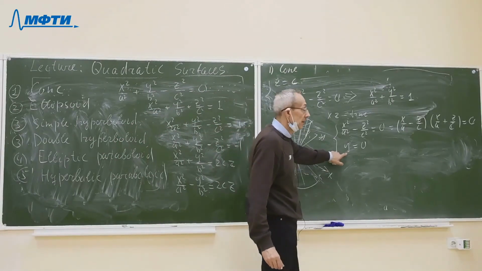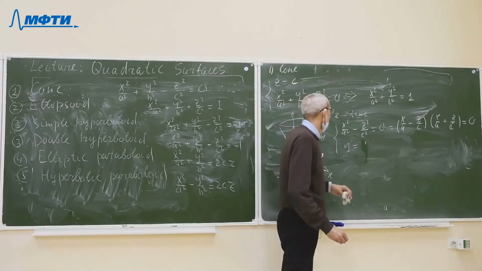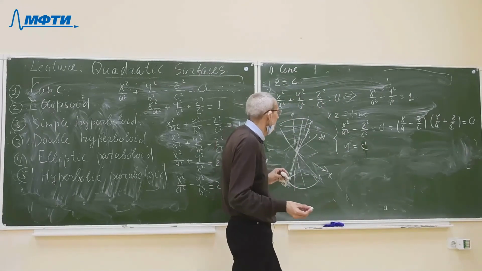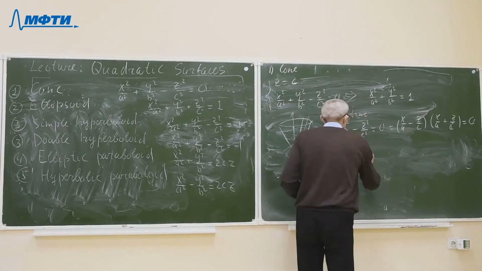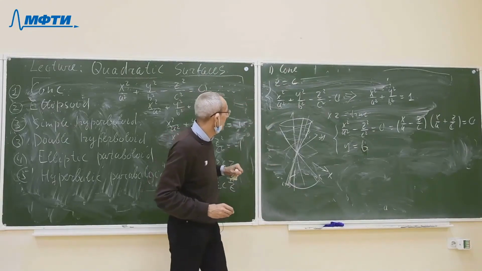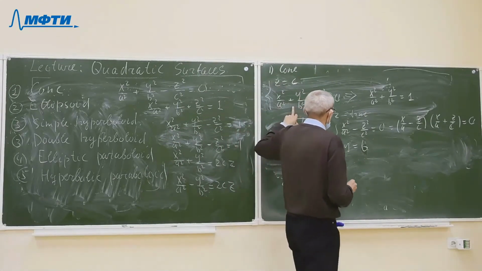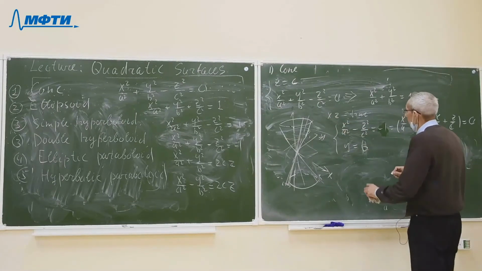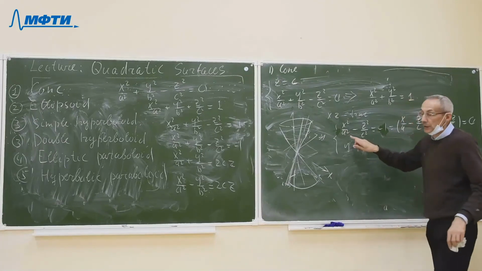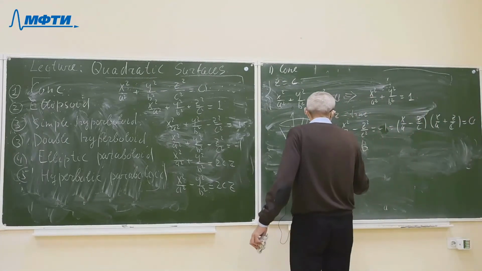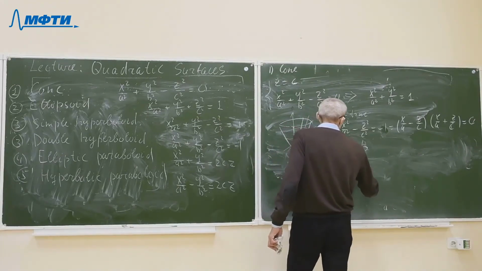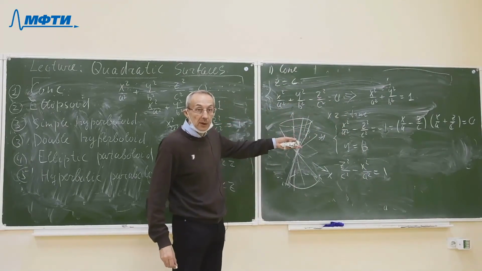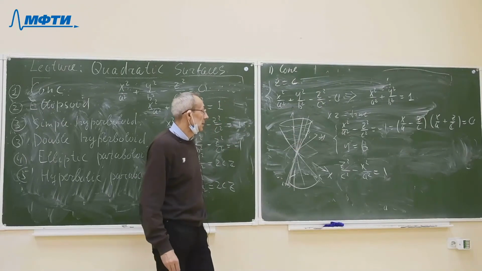If we move this plane, and let's put y equal to some constant, for example y equal to the constant b, in this case we obtain our equation equal to -1, or I can change the signs in this equation, and we obtain z squared divided by c squared minus x squared divided by a squared is equal to 1, and we obtain a hyperbola. The section of the cone in this case is a hyperbola.